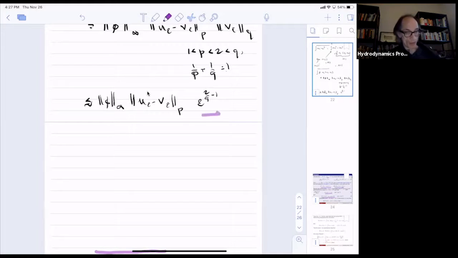This is blowing up as 2 over q minus 1 is negative, because q is greater than 2. So I need some decay for the other piece. I have bounds in L2, but all I know is it's bounded in L2. I don't know the decay. Okay, but I still know that the flat norm of the curl of u minus v is small. So what can I get out of that?